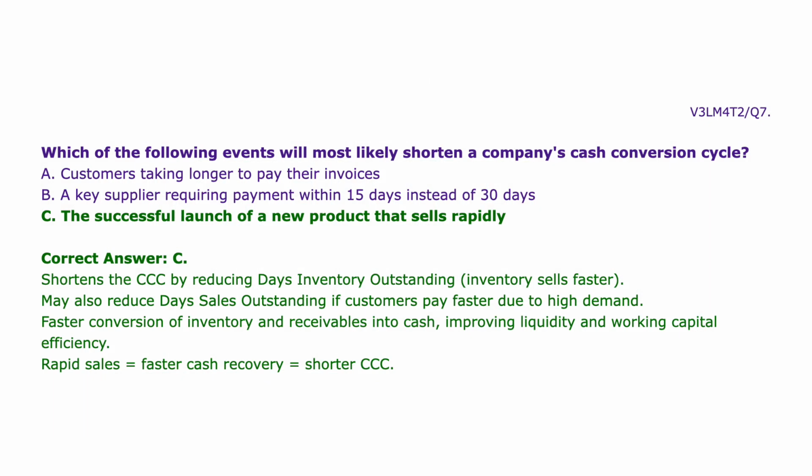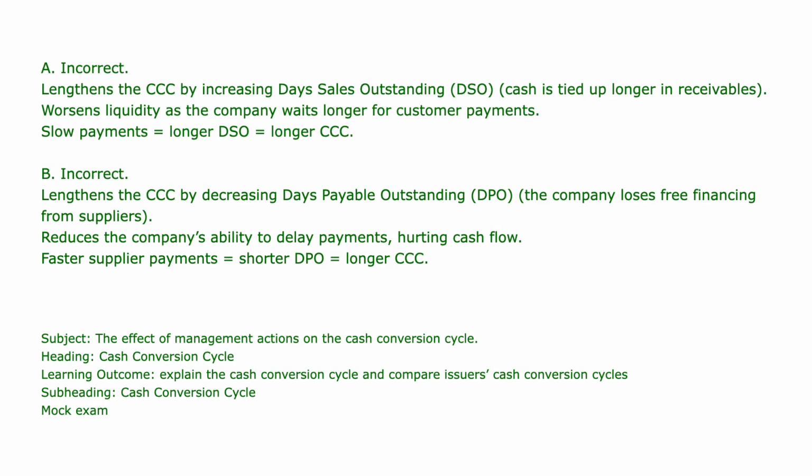Rapid sales reduce days of inventory on hand, DOH. Because DOH is a primary component added in the CCC formula, any reduction in inventory duration mathematically shortens the total cycle. Option A. Customers taking longer to pay increases days sales outstanding, DSO.